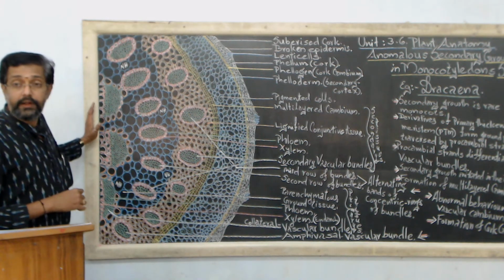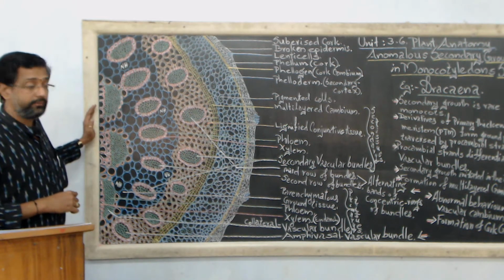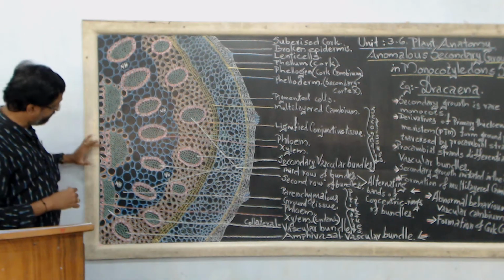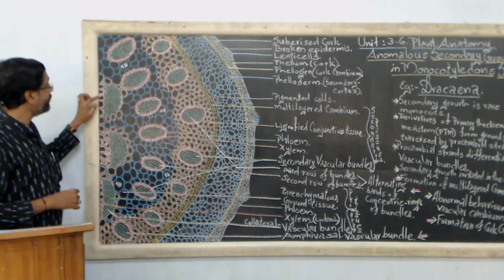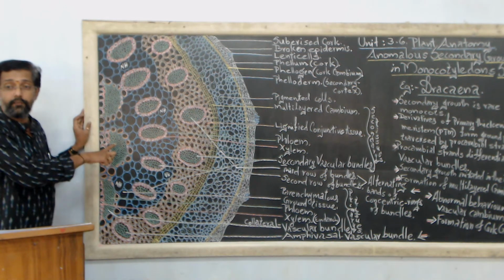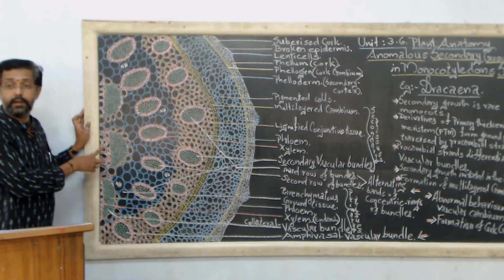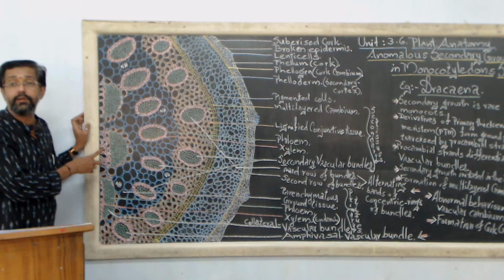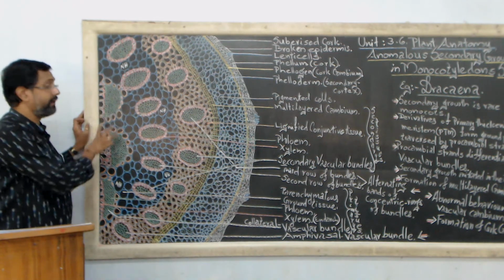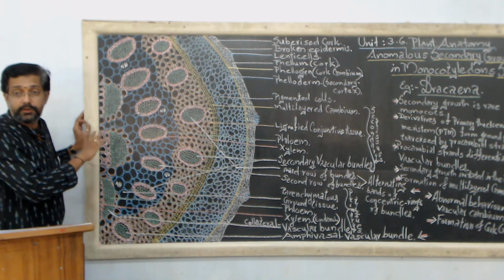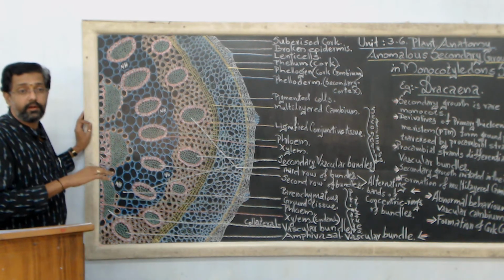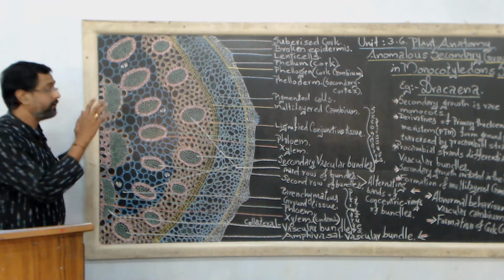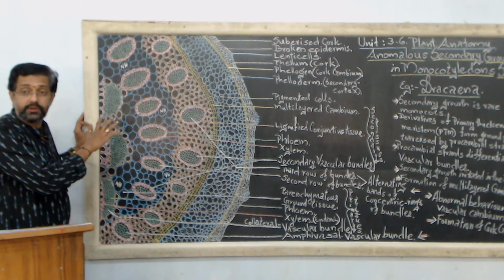First of all, at the internal level, what we can observe is that there are larger bundles at the center, and actually these bundles are the primary or early formed bundles during primary thickening, and such bundles are randomly or irregularly distributed inside the ground tissue of the stem.